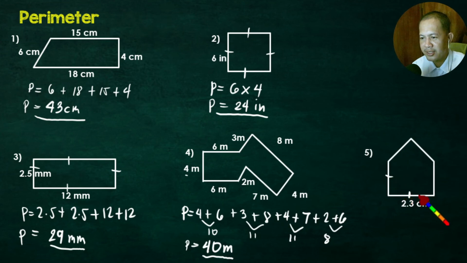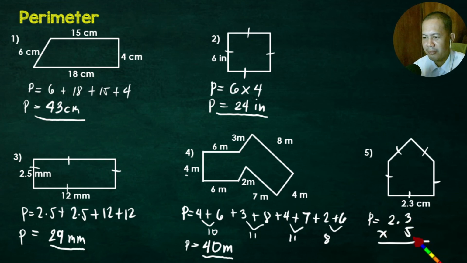So, this side is the same as this side. Okay, so there we have 2.3 plus 2.3 plus 2.3 plus 2.3 plus 2.3, or we can say that para-parehas naman yan. So 5, so 2.3 times 5. Okay, para mabilis.